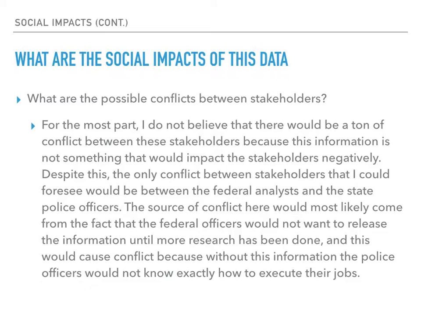The source of conflict here would most likely come from the fact that the federal officers would not want to release the information until more research has been done in order to make sure that it's more accurate. And this could cause conflict because without this information, police officers would not know exactly how to execute their jobs.